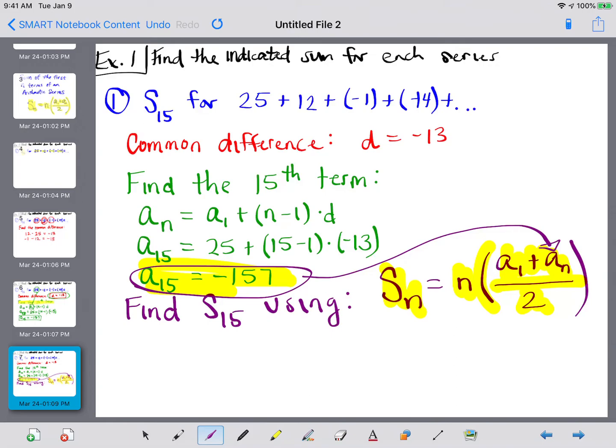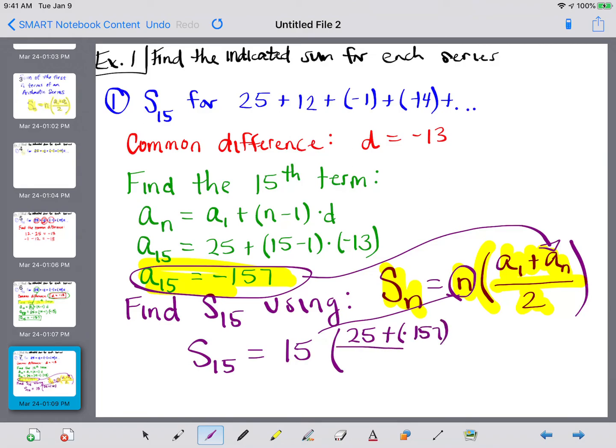So we want the sum of the first 15 terms. Well, n in this case is 15, so replace the n with 15, times the first term of the sequence, which is 25, plus a sub 15 that we found on the previous page, negative 157, all divided by 2.